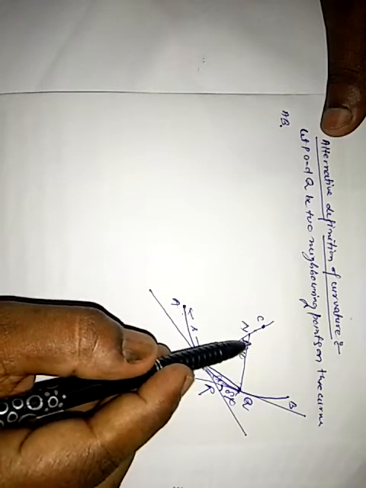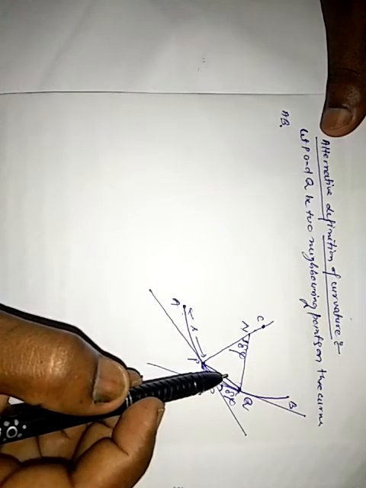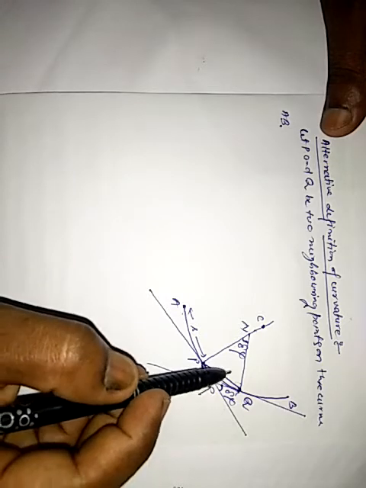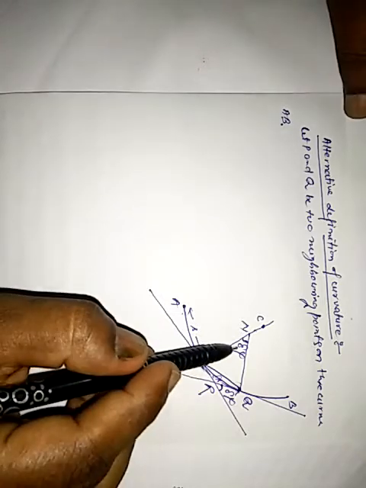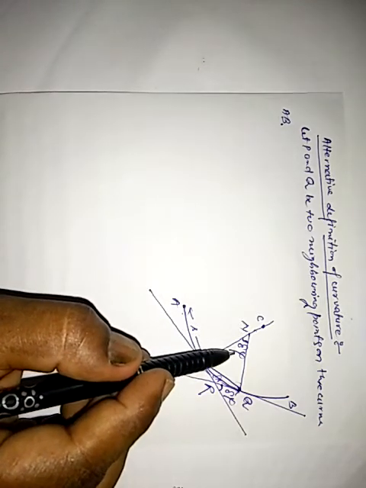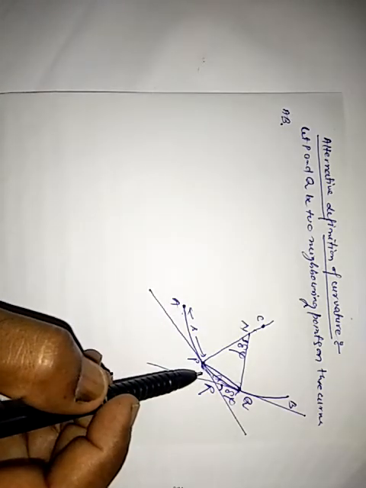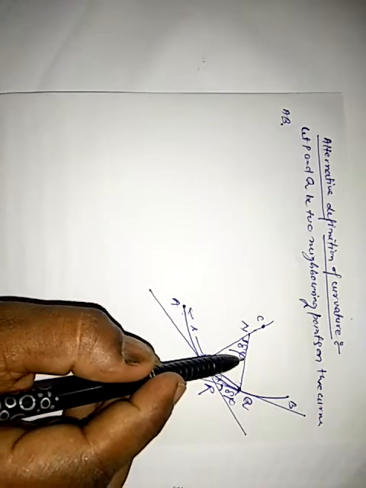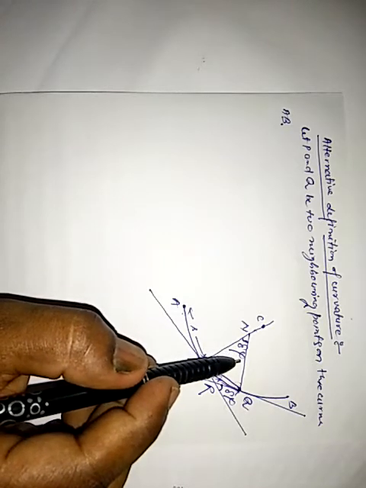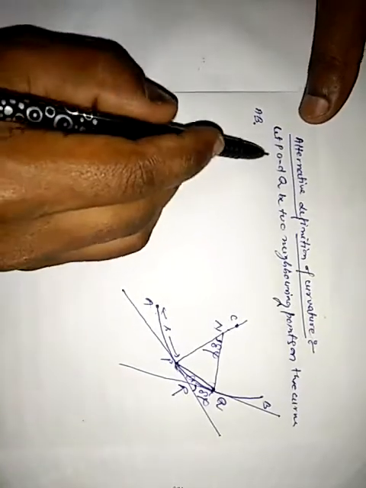Then delta psi is said to be the angle of contingence of the arc PQ, and it is also called the total curvature of the arc PQ. We take the fraction delta psi upon delta s. It is called the average curvature of the arc PQ, and as Q tends to P, meaning delta s tends to 0, it becomes the curvature at the point P.